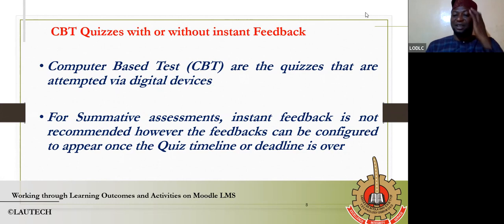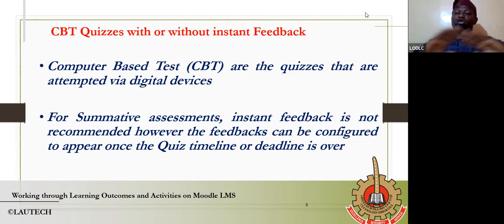For summative assessment, instant feedback is not recommended. The reason is that in summative assessment, the grades are always recorded. Do you understand? When you give the student a particular quiz and you do not provide the feedback, when the student attends the quiz, often and often, he will learn so many things.